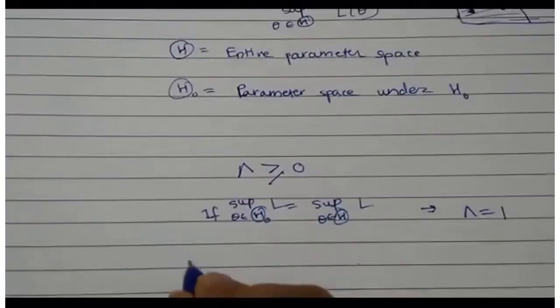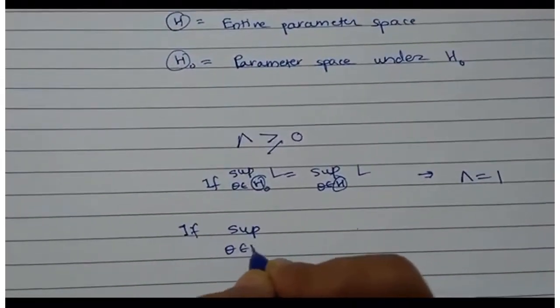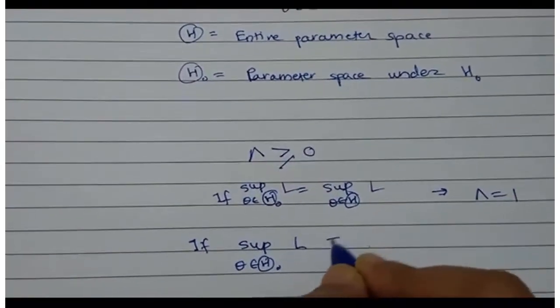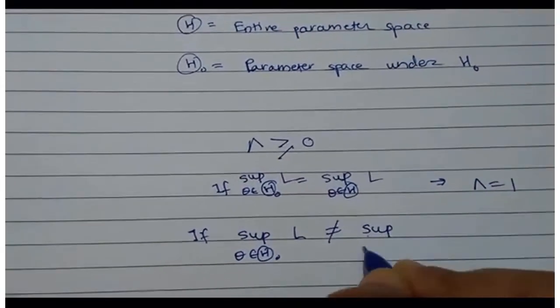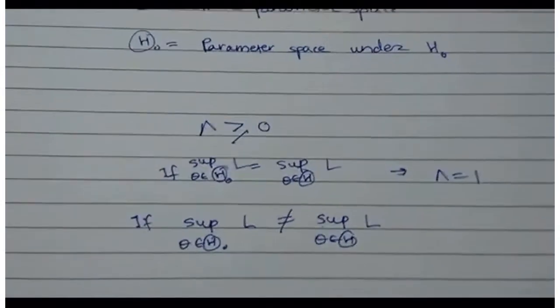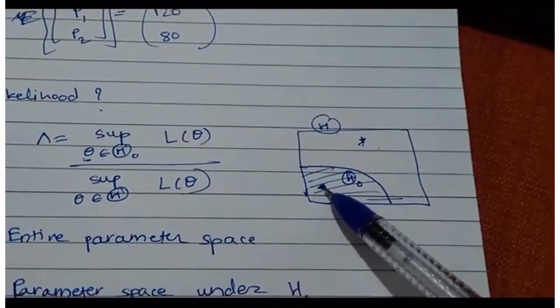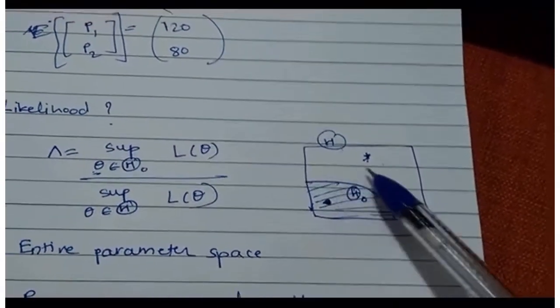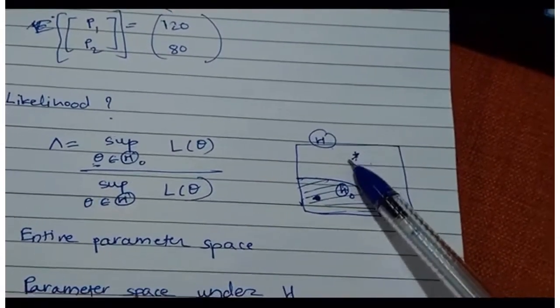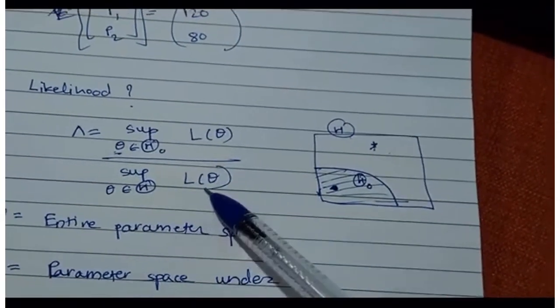If that is not the case, meaning the supremum over script theta naught of the likelihood is not equal to the supremum over the entire script theta, then what can I say? In that case, this is not the overall supremum, which means this is less than this. So the supremum over the entire parameter space has to be greater.